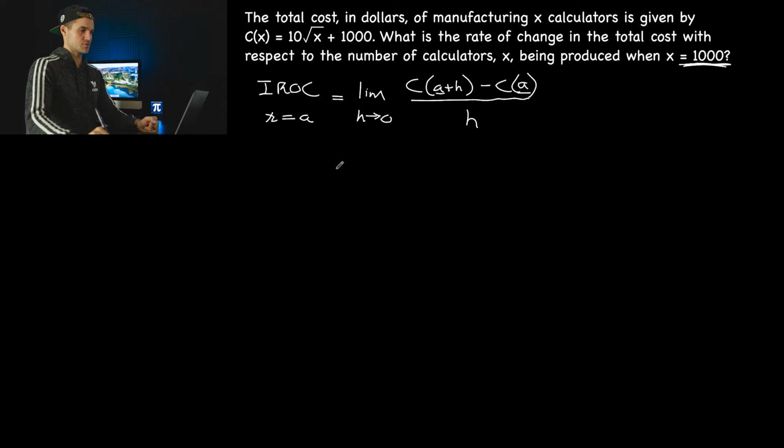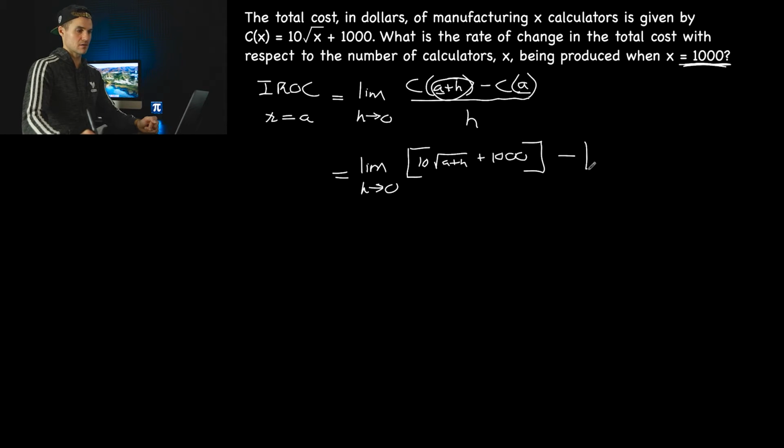So let's do it this first way, where we're going to find a general expression for the instantaneous rate of change. So we're going to plug in that a plus h into the function. So basically what we would end up with is 10 root a plus h plus 1,000, like that, minus c of a right here, which is going to be 10 root a plus 1,000, like that.